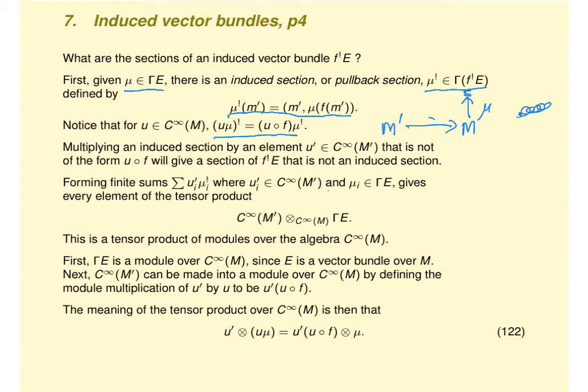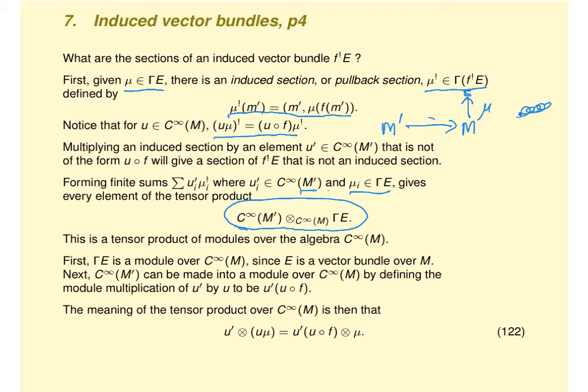And this is how we get arbitrary sections of the induced vector bundle. So forming finite sums of these things, u_i prime times mu_i shriek, where the u_i primes are smooth functions on M prime, and the mu_i, of course, are sections of E, gives every element of this tensor product. And this is going to be the answer.